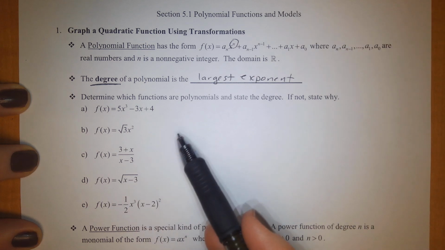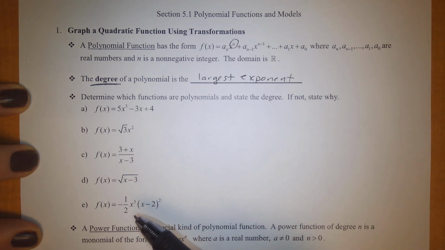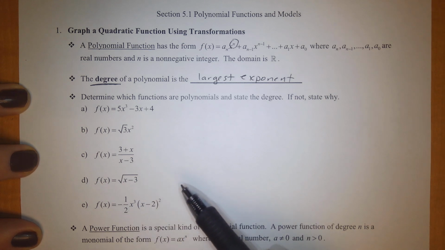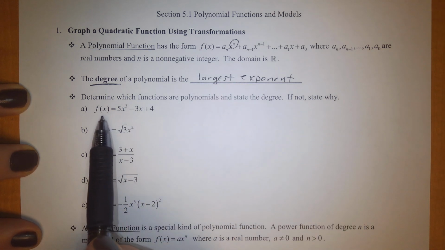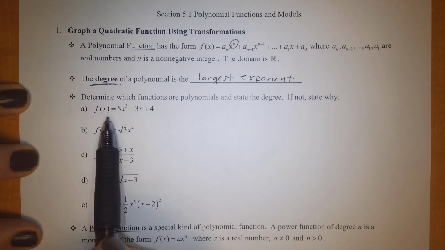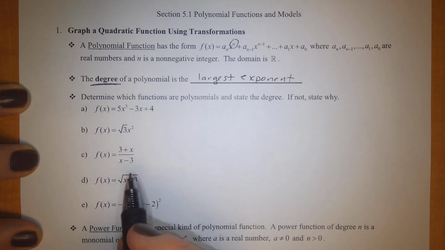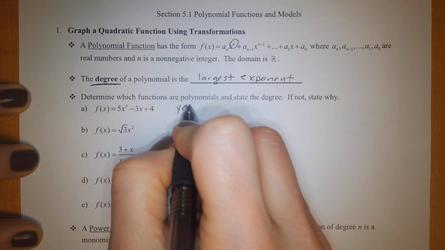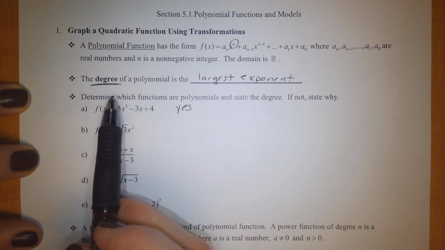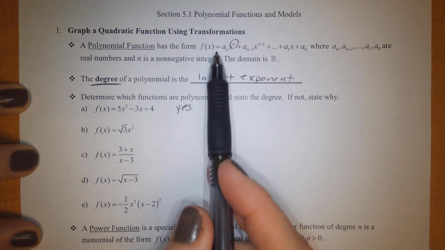So let's look at the following functions down here and determine whether these functions are polynomials, and if they are, we'll state the degree. Here we have a function, f of x, equal to 5x to the third minus 3x plus 4. And yes, this is a function, and it is a polynomial because it has this form.